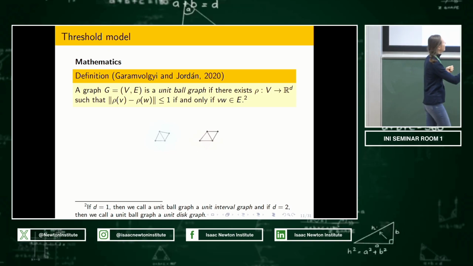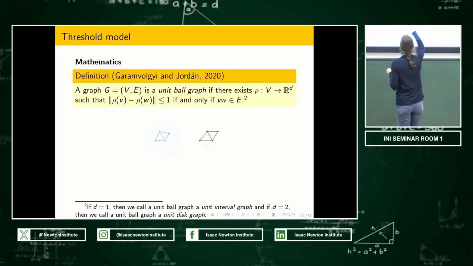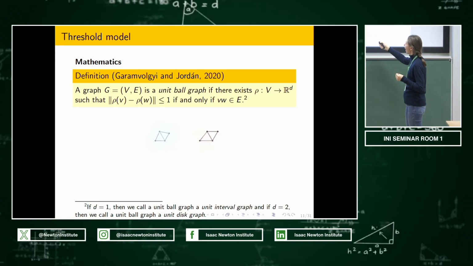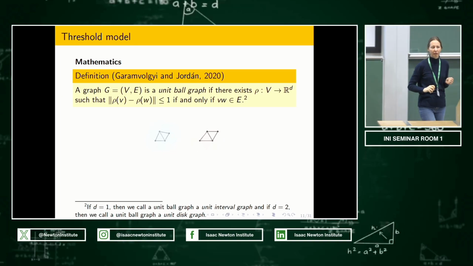That's not the case over here. These two vertices have an edge between them, but their distance is greater than 1. So it is a unit ball graph, because you can see a unit ball realization over here, but this is not a unit ball realization of it.